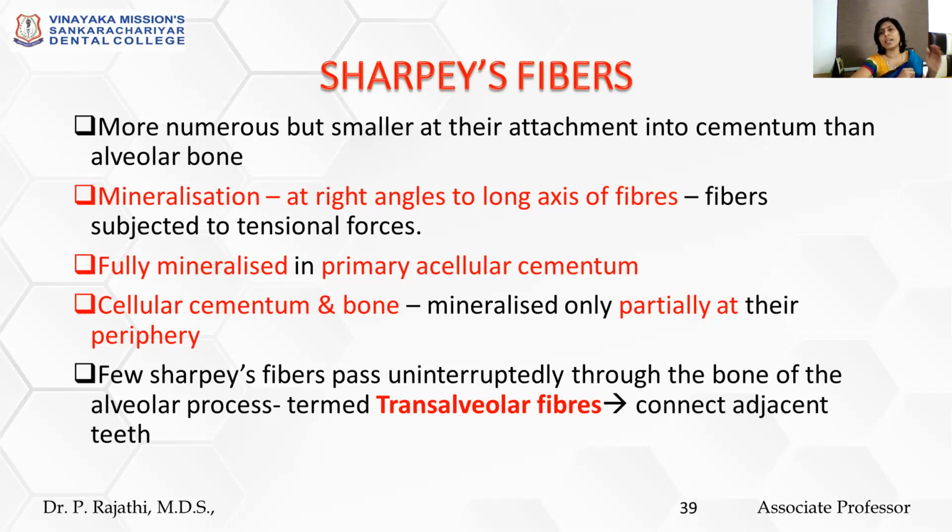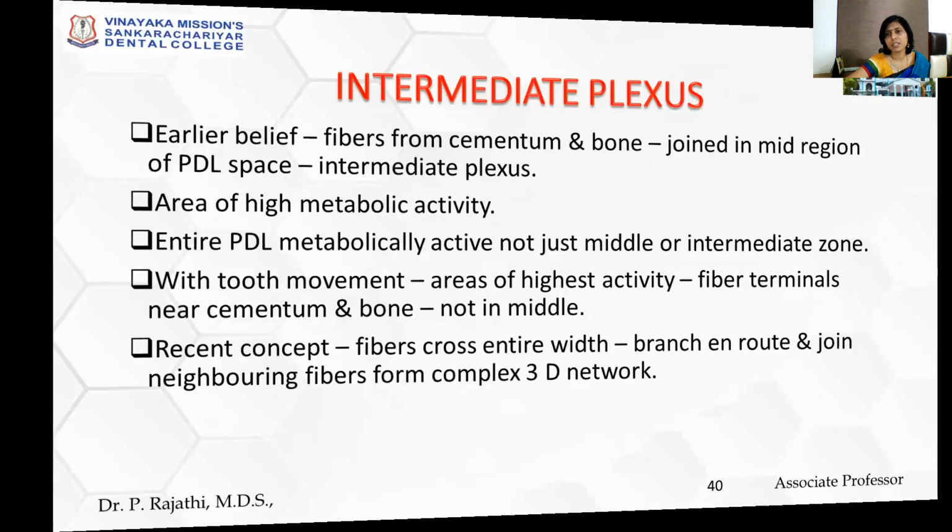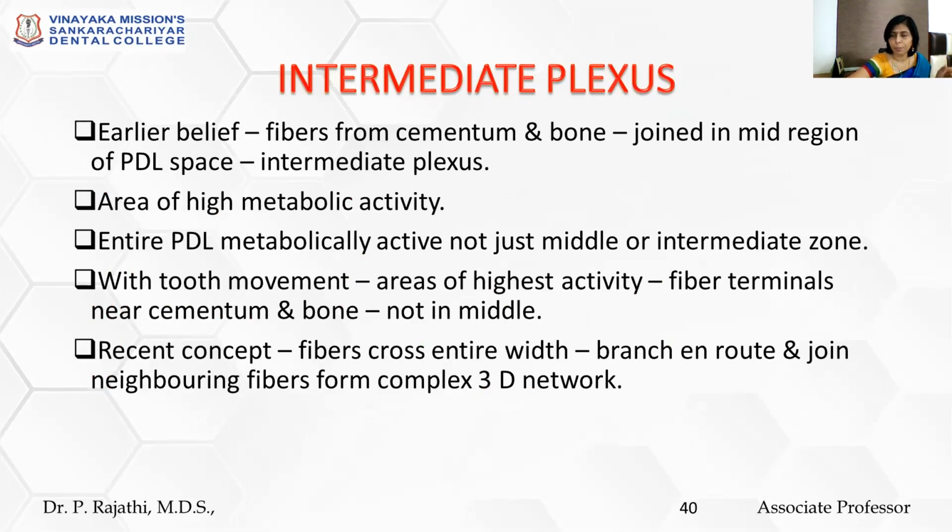Those fibers, we call transalveolar fibers. So what is the function of this? It is going to connect adjacent teeth, right? So Sharpey's fibers, remember, are embedded fibers or terminal fibers of the periodontal ligament fibers which got embedded into the cementum or into the alveolar bone.